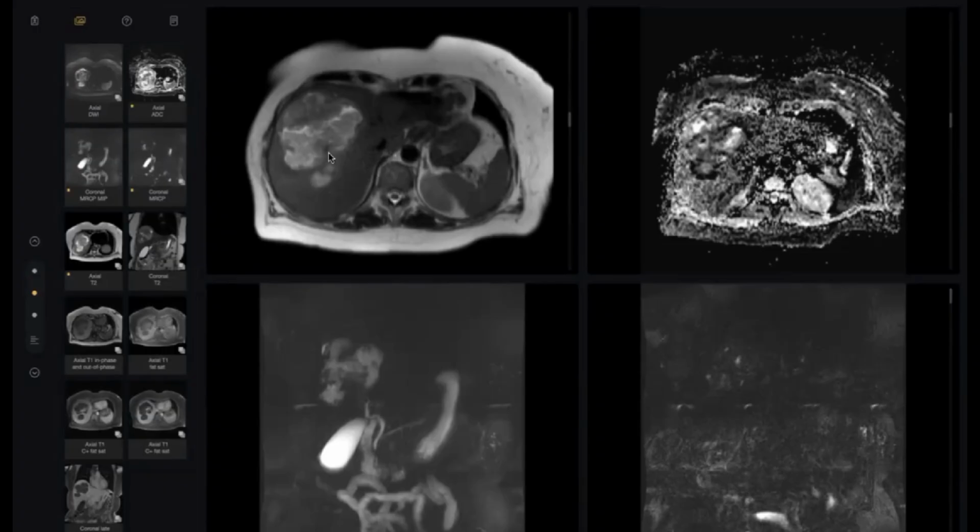It was a case of liver abscess. Do you know, doctor, the name of the pus here? Pyogenic abscess. No, this is an amoebic abscess. What is the name of the gross pathology of the collection or the pus here?